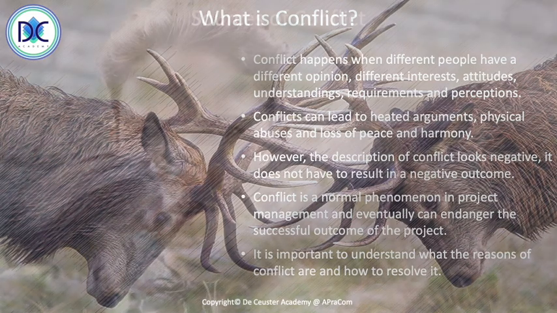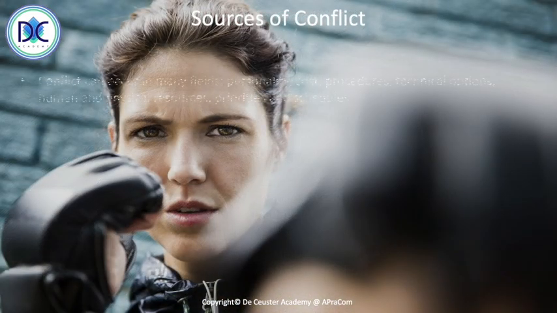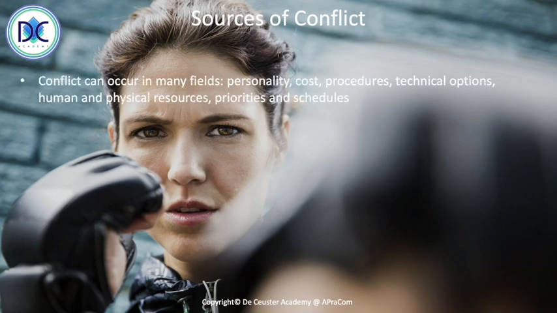So what are the different sources of conflict? First of all, conflict can occur in different fields. We can look at personality of the people, the cost of the work we are doing, the procedures we are applying, technical options that are available, human and physical resources, priorities and schedules.